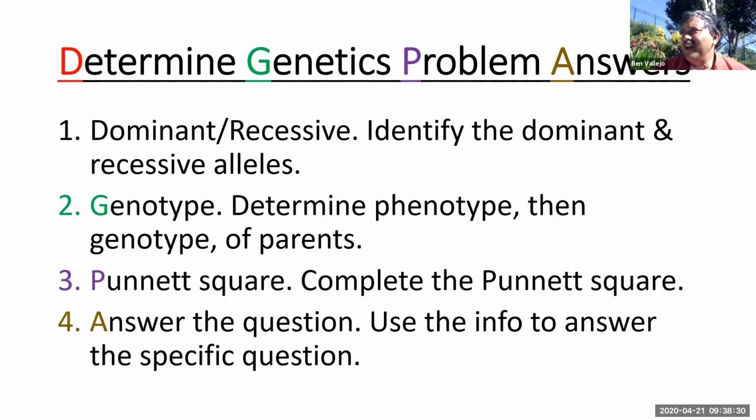But if I give you the physics answer that the color of the sky is determined by the light waves hitting the molecules of air and dispersing, and that is seen by us as different colors, that doesn't answer the question. The question was, what color is the sky? And the sky is blue. So answer the question that's actually asked. Sometimes you don't even have to do the Punnett square, as you'll see in today's problems.